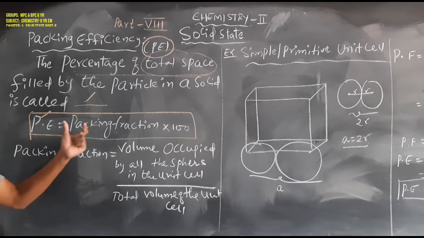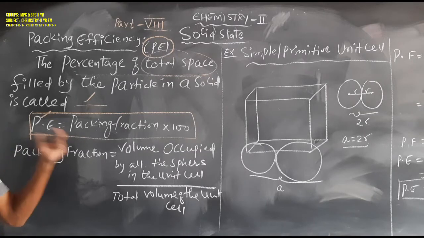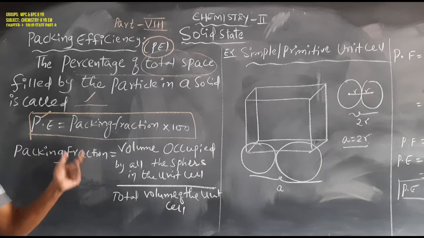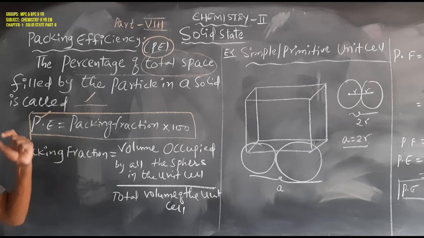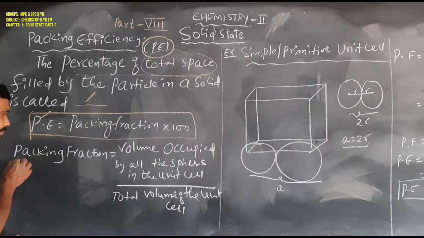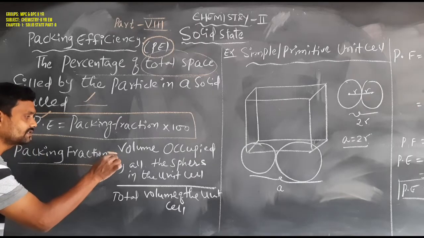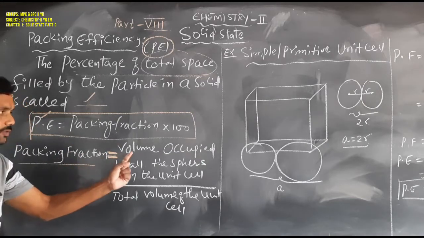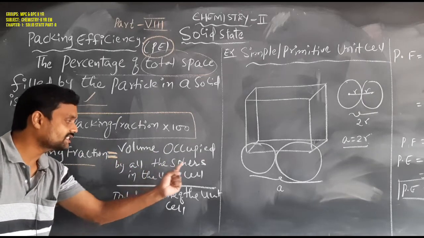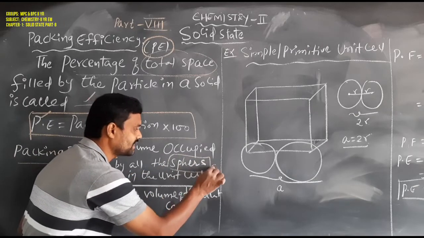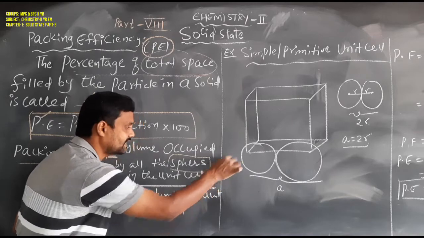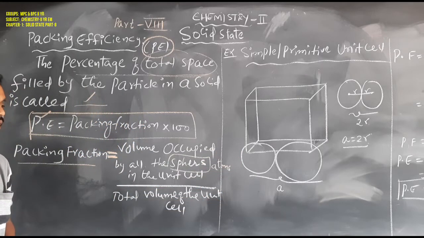So, how do we get the packing fraction? That packing fraction is multiplied by 100, then we get the packing efficiency. Now we study how to find the packing fraction. Simple: packing fraction is equal to the volume occupied by all the spheres in the unit cell. All the spheres means here the spheres are considered as atoms or ions.